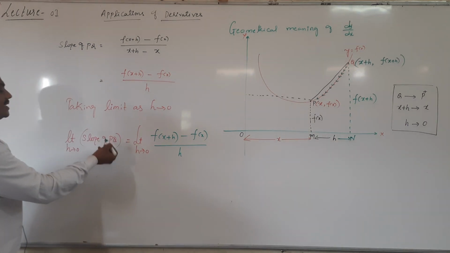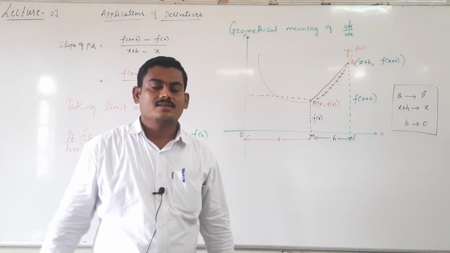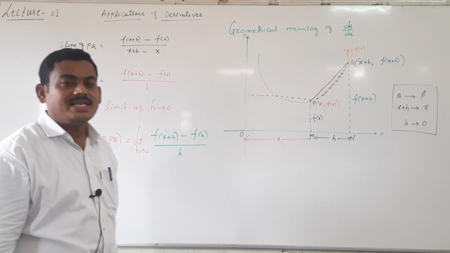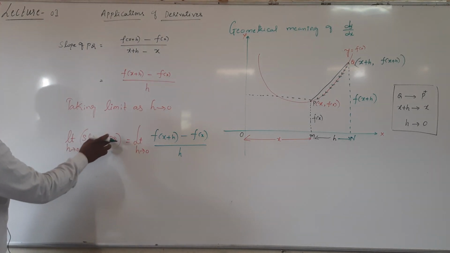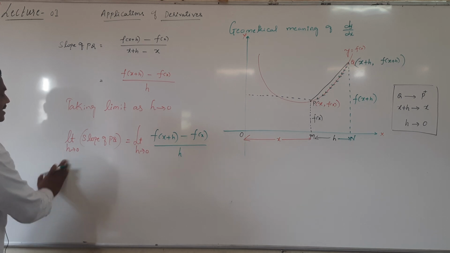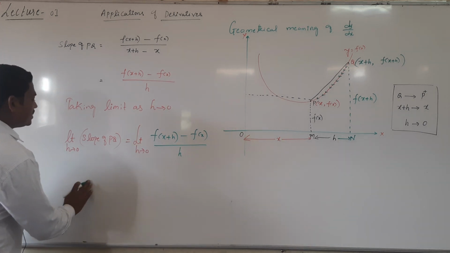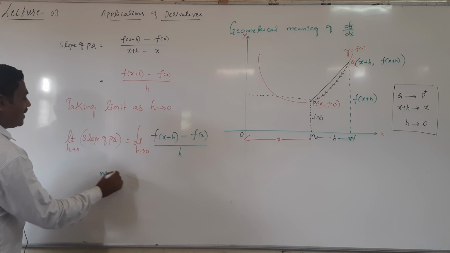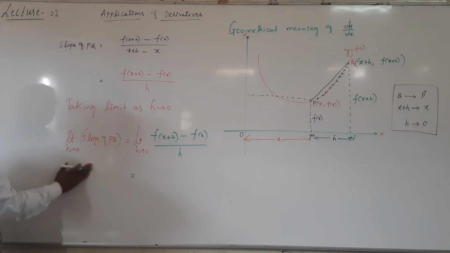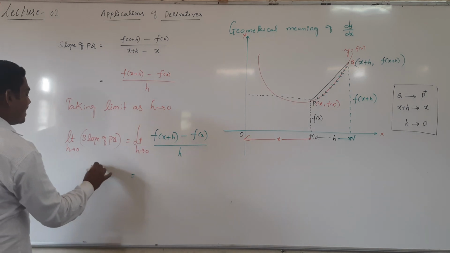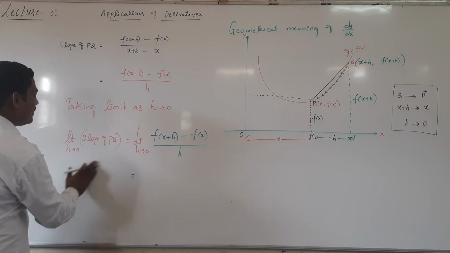And remember, this slope is always a number, right? Slope is always a number, which means it is m only. The limit of a constant is that constant only. So I will take the left-hand side limit as m only, because it is the slope of PQ only.